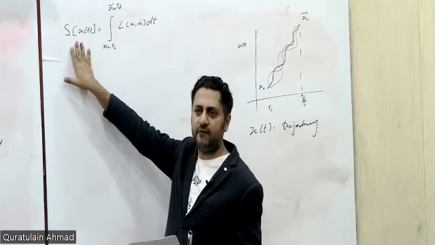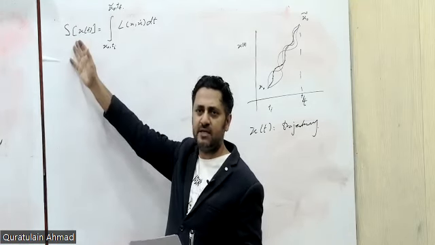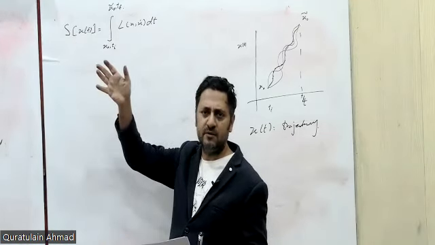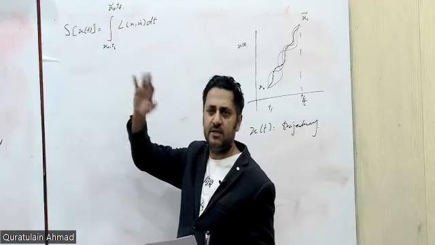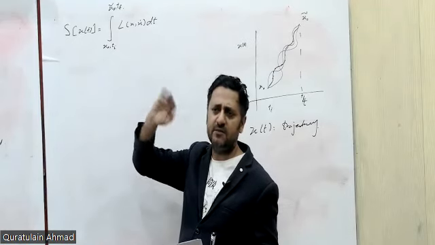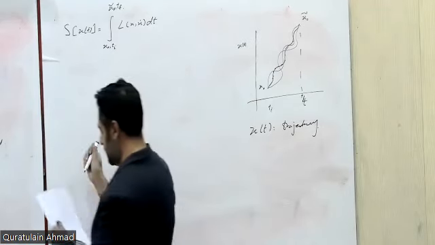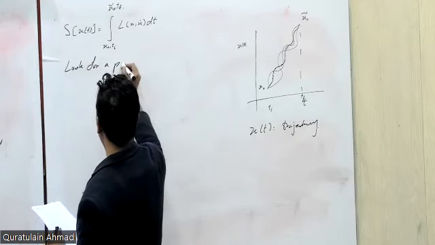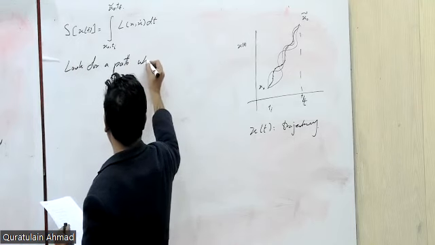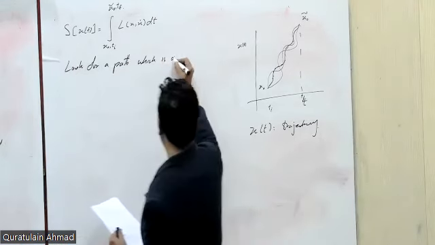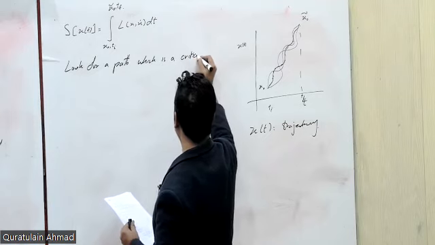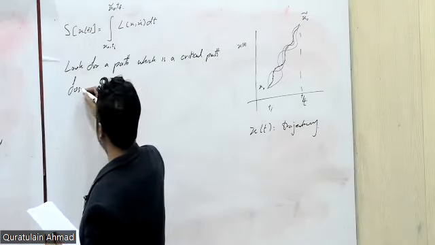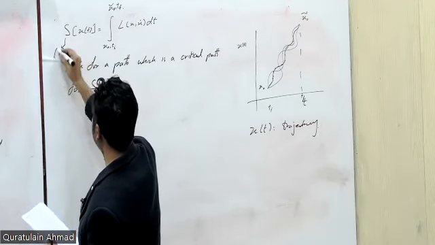So when I disturb that path, the action is either a saddle point or an extremum of it. It either decreases or increases, either a maximum or a minimum. So look for a path which is a critical path for this S. This is called action.